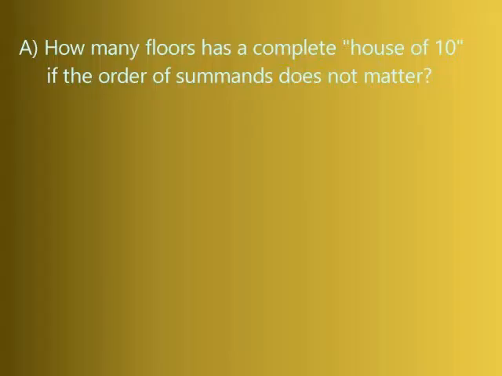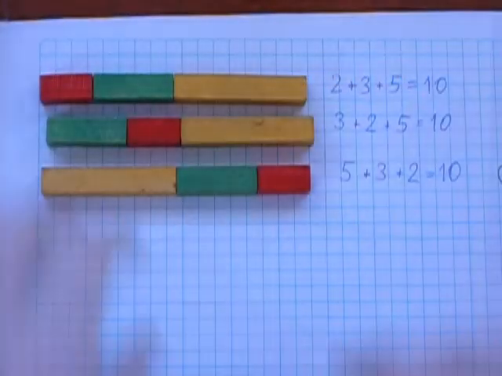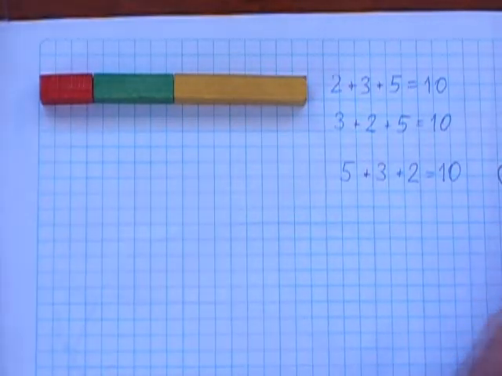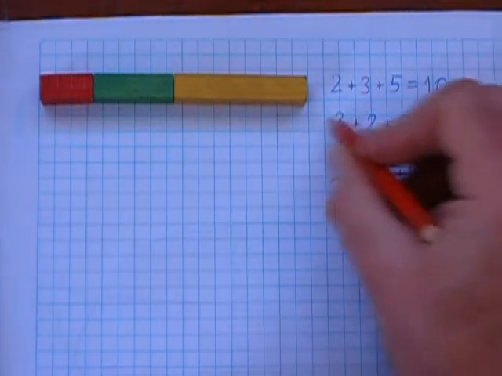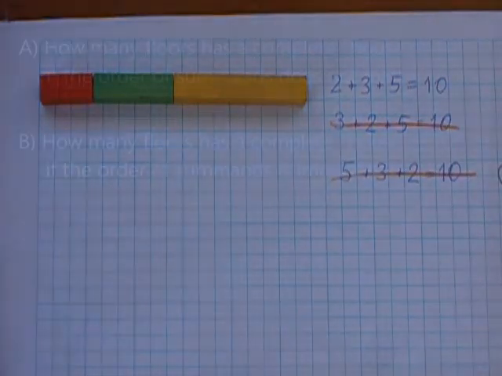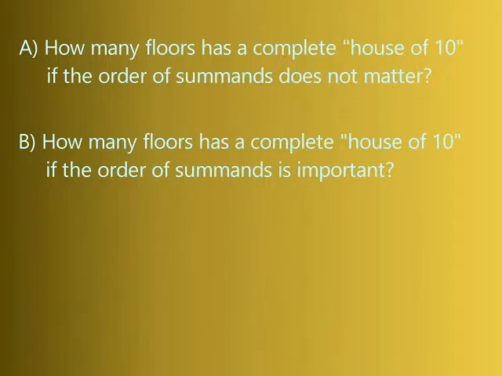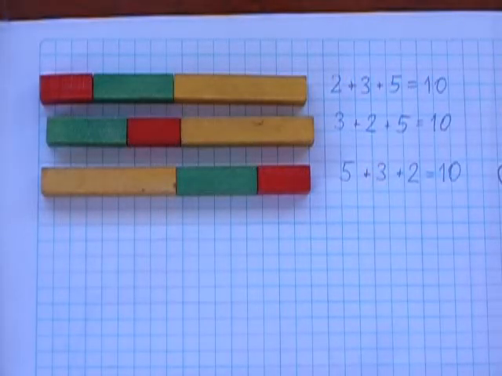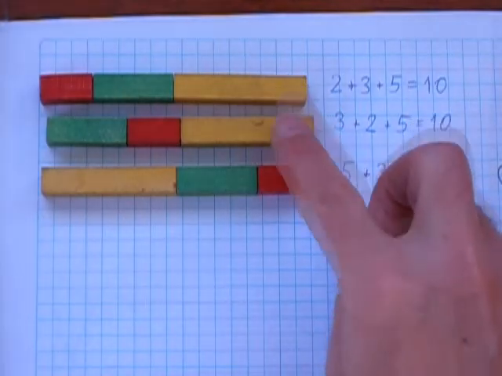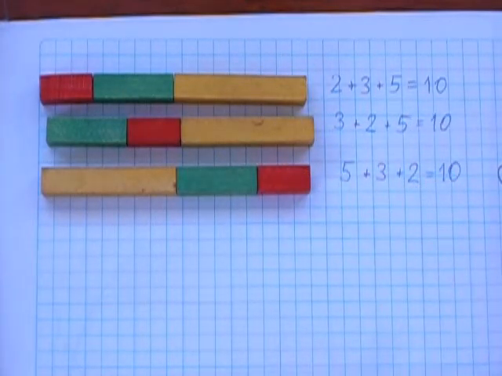How many floors has a complete house of 10 if the order of summands does not matter? In other words, if we take away these 2 sums as repetitions of the first one. And how many floors has a complete house of 10 if the order of summands is important? In other words, if we consider these as 3 different sums.